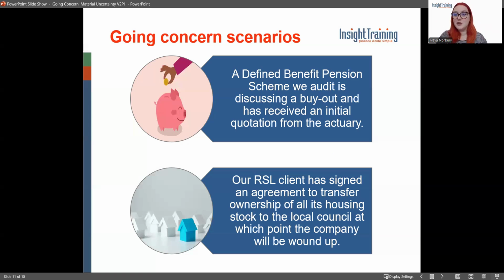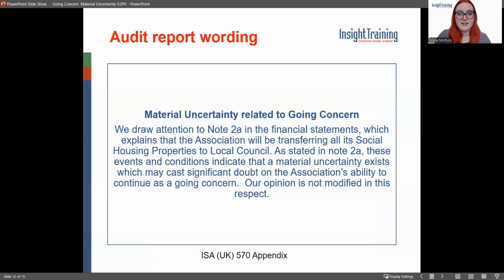So let's have a look at the implications if we're saying the housing association is continuing, however, a material uncertainty arises. In this scenario, we draw attention to note 2A in the financial statements, which will be the accounting policies, which explains that the association will be transferring all its social housing properties to the local council.